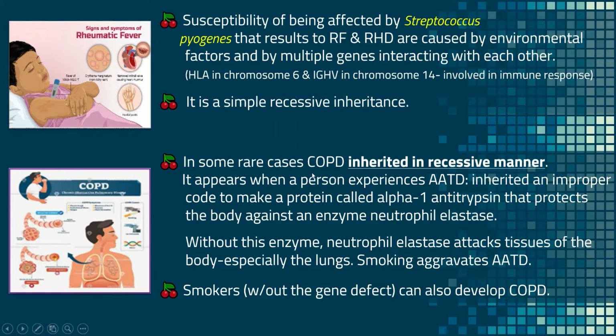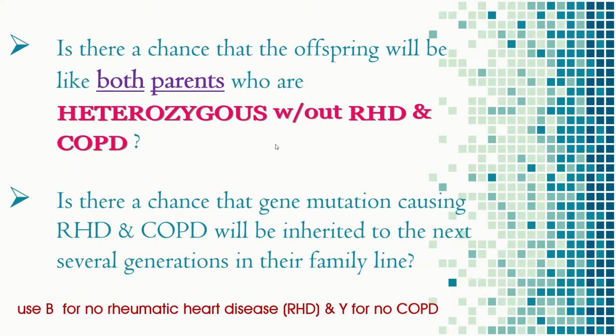Let's trace how these two traits can be transmitted as one crossing. So it states here that both parents, both meaning mother and father, are heterozygous without RHD and COPD.